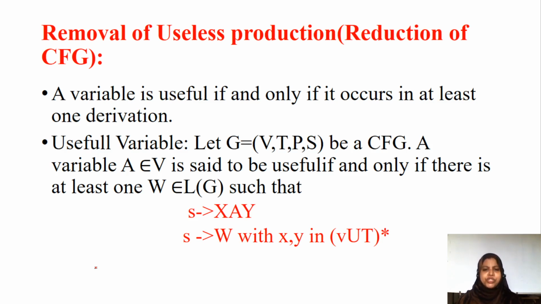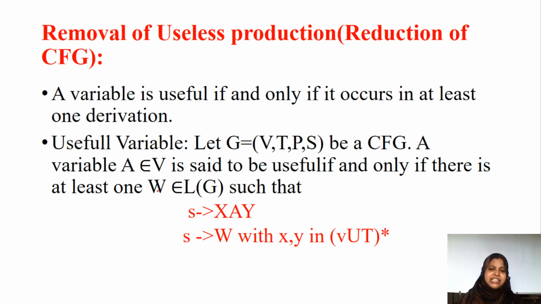A variable is useful if and only if it occurs in at least one derivation. Whenever we generate any string by using this context free grammar, if that particular variable is present in any one derivation, then that particular variable is known as the useful variable, right? See here, useful variable: let G equal to (V, T, P, S) be a CFG. A variable A belonging to V is said to be useful if and only if there is at least one w belonging to L. Here w means a string.